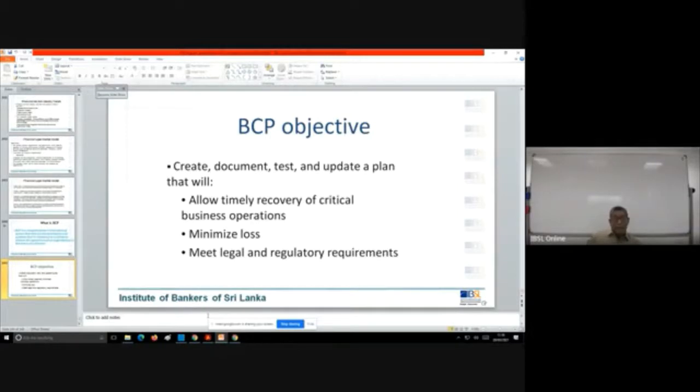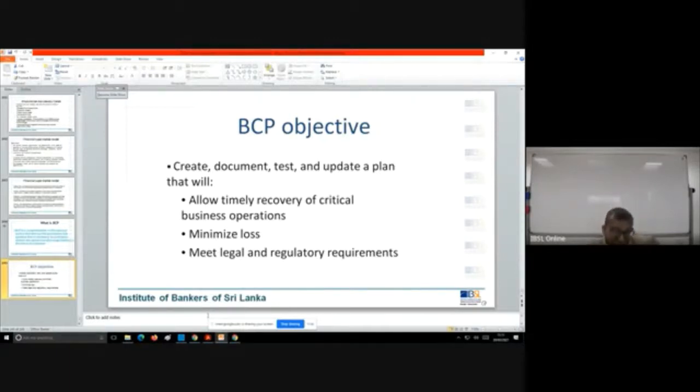This time your exam asks you to compare the business continuity plan with the CFP. What does CFP stand for? Contingency funding plan. You may have learned this under liquidity risk management. Definitely you need to learn what the CFP is.